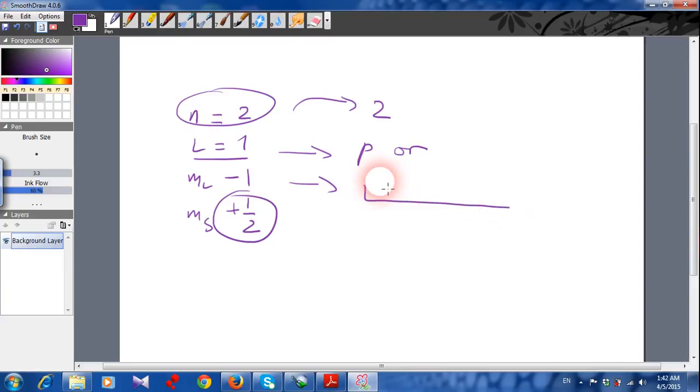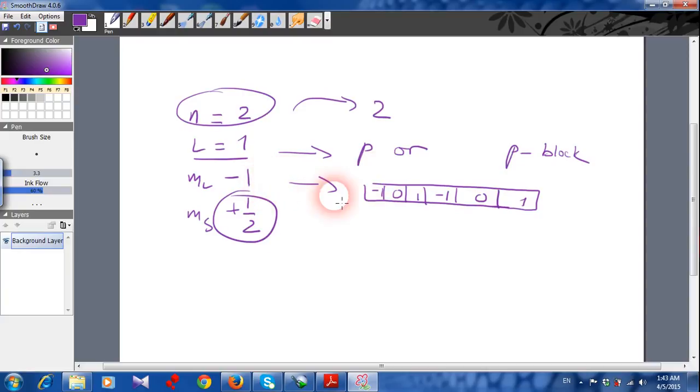We come back to the p block: negative 1, 0, 1.